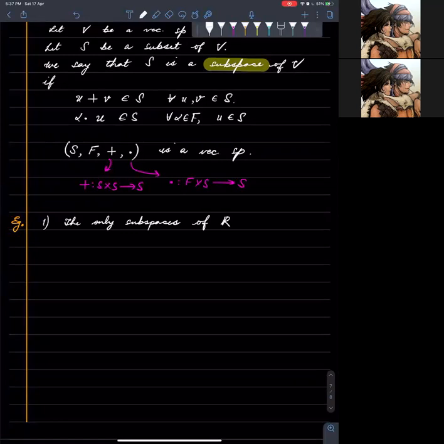R is a field, but it is also a vector space over itself. R is a vector space over R. It's basically R to the 1. We discussed R to the n. This is R to the 1. The only subspaces of this vector space are the trivial one and the entire vector space itself.